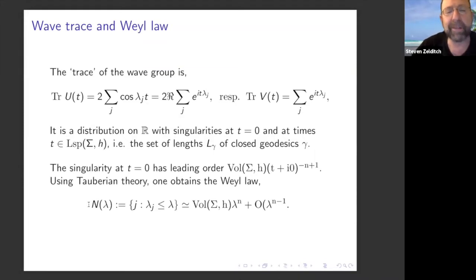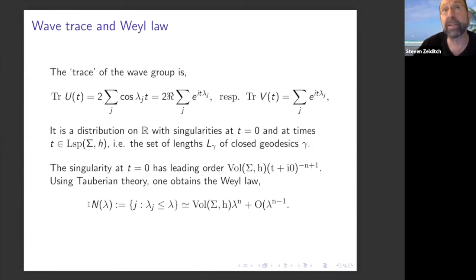The leading order singularity is like t to the minus dimension plus 1. And using that singularity in Fourier-Tauberian theorems, you can derive the Weyl law. So the Weyl law counts the number of eigenvalues of the square root of Laplacian less than or equal to lambda.